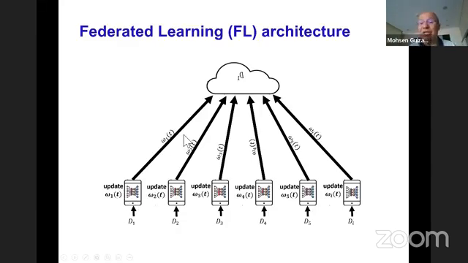We are no longer sending the raw data to the cloud. As you can see here, we're sending only weights, W1, W2, and so on, from the edges. So the edges do some pre-processing or pre-cleaning, and send the weights to the cloud to process the weights, not the whole data.